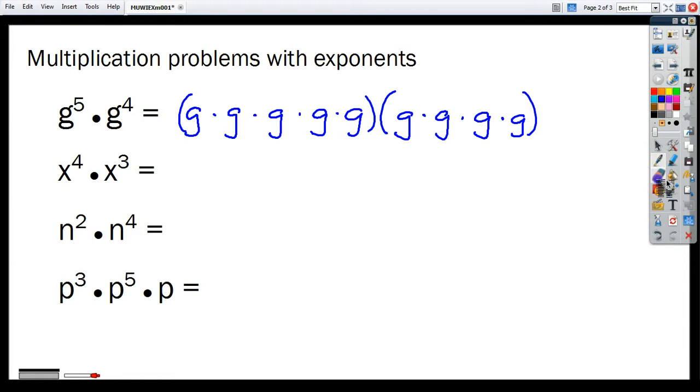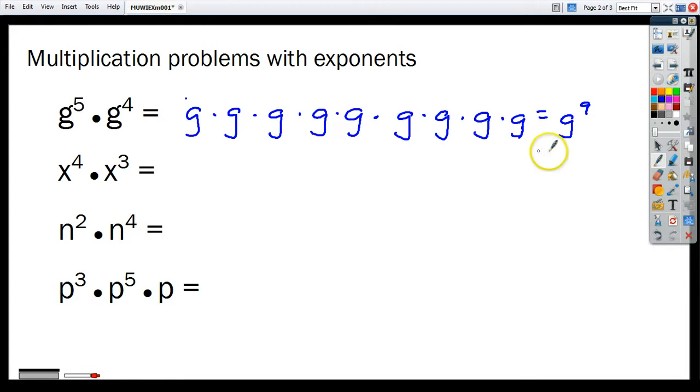And whether we write the multiplication with the dots or with parentheses, it's all really just multiplication. So I could just erase my parentheses here and replace them with multiplication symbols. So like this. So in essence, all I really get here is g times itself, 1, 2, 3, 4, 5, 6, 7, 8, 9. G to the ninth.